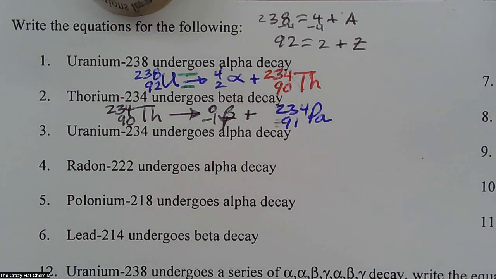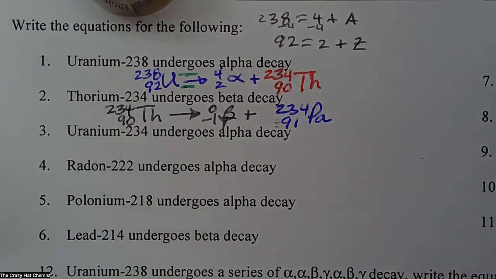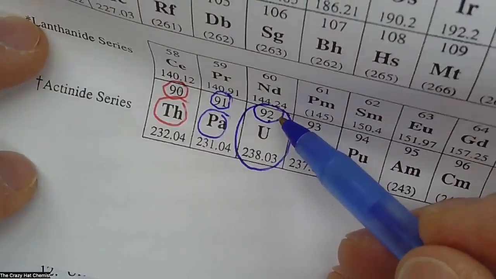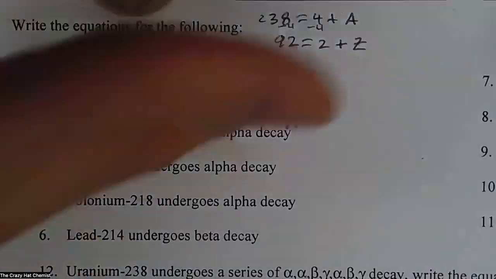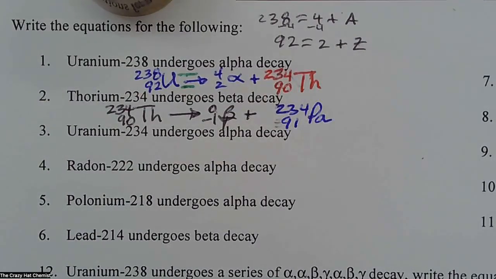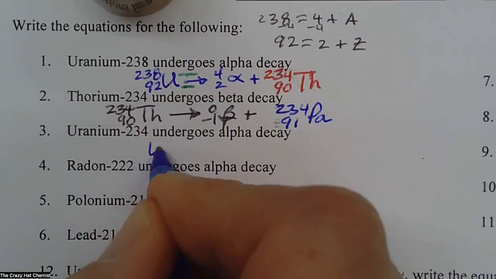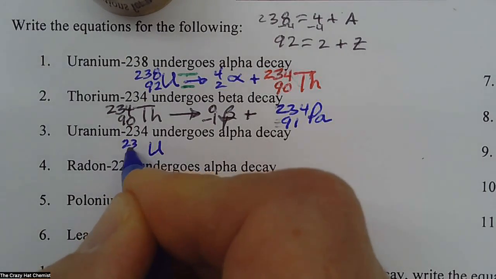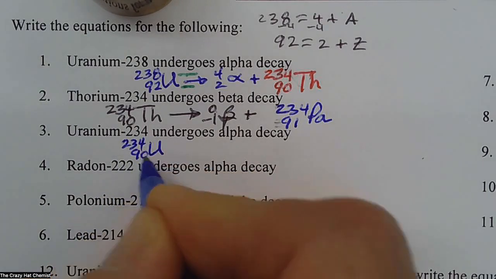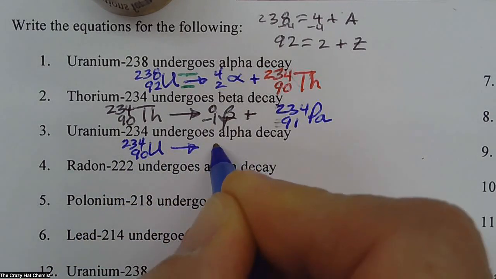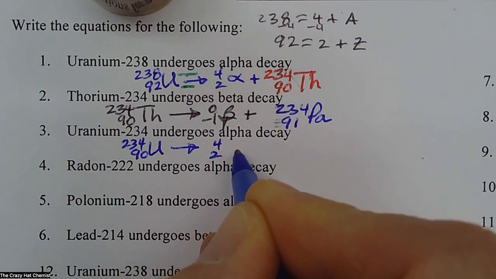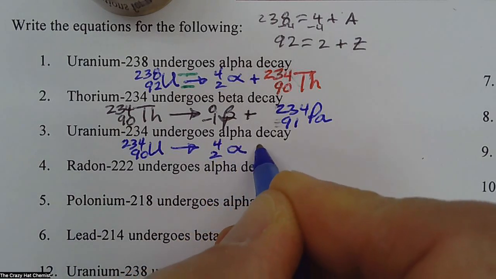Pencil drop. Next one is uranium-234 undergoes alpha decay. So we already found uranium on our periodic table, right here, element number 92. Okay, and we're going to undergo alpha decay. So it's uranium-234, undergoes alpha decay. That's 4 and 2, and that is an alpha symbol there like that.